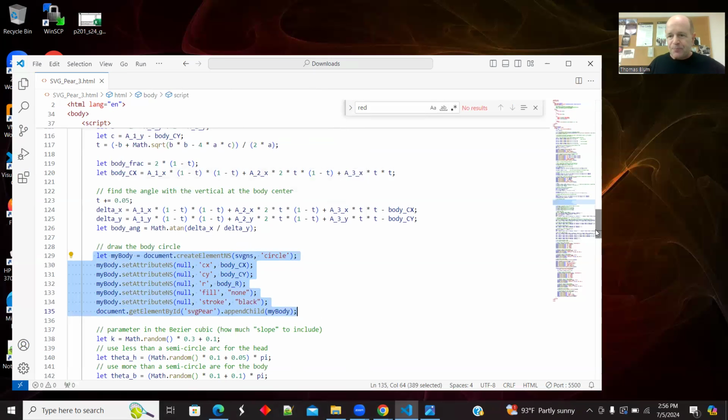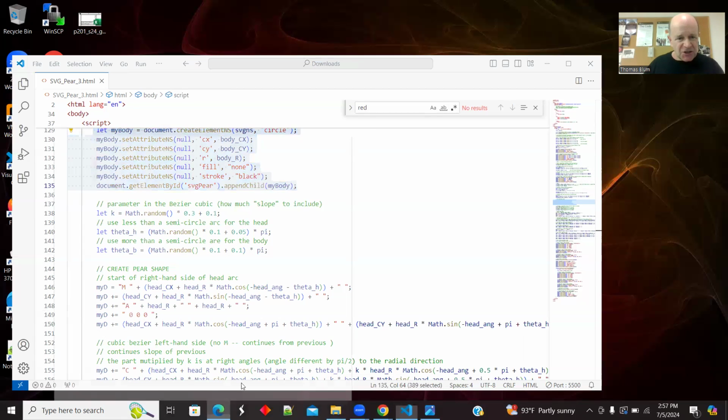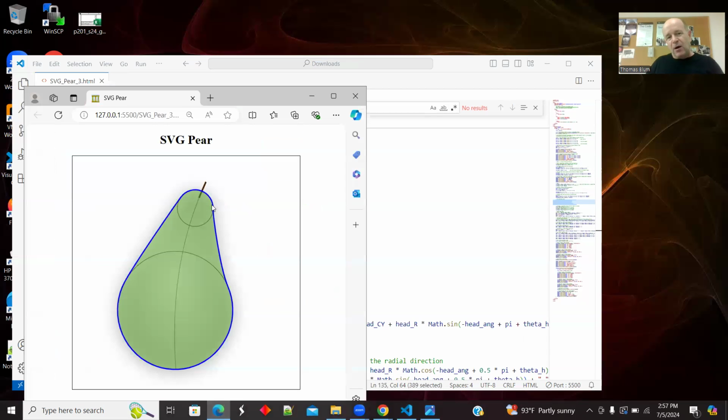And now I have to make the neck, connect the head to the body, and I'm going to use a cubic Bezier for that. So I'm going to draw the shape all around. I'm going to create the shape. I'm going to draw an arc across the top of the head.